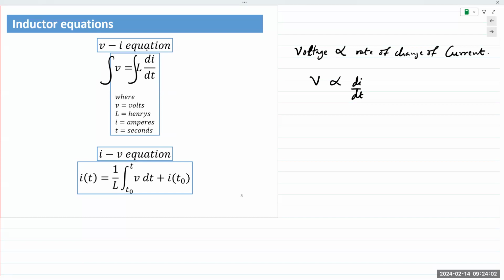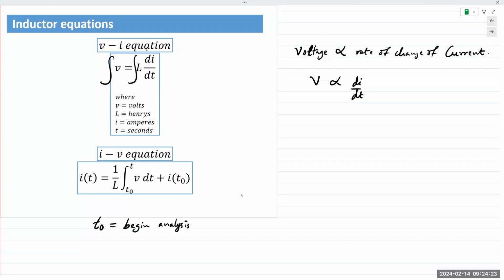In this case, t0 does not mean the beginning of time. It simply means the time when you began your analysis. You could have a system and be analyzing from, let's say, 0 seconds to 10 seconds.